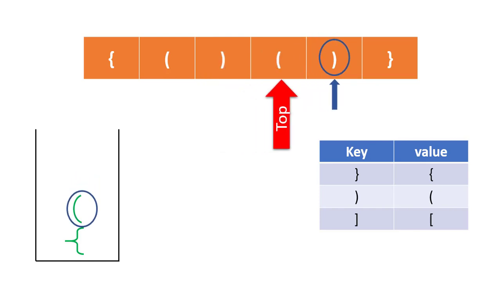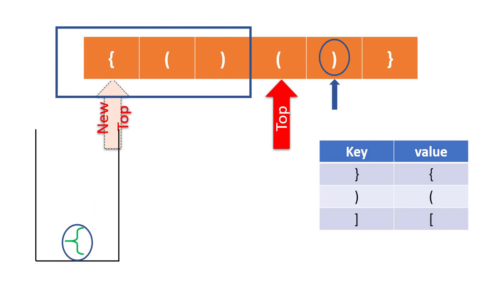So suppose this is the example and we are at this position and the top lies next to it. Since the character at the top and the index make a pair, we need to move the index to the next position. But before doing that, we need to find the next top, and the next top will lie to the left of the current top pointer, that is top minus 1. So how do we search for the new top?